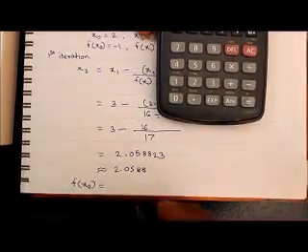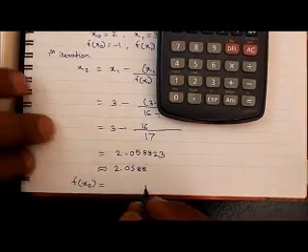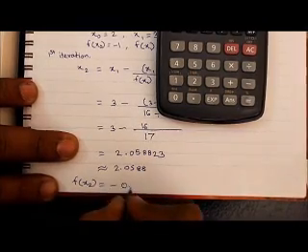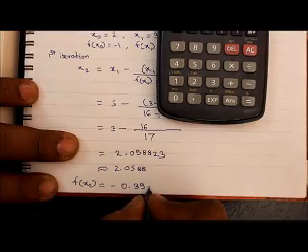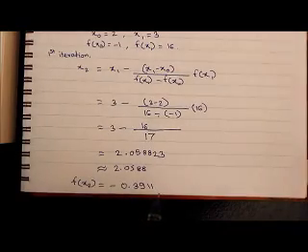Okay, so this one is minus 0.3911. So f of x2 is negative. That doesn't make a difference though.